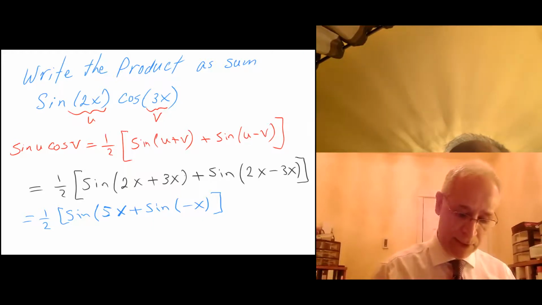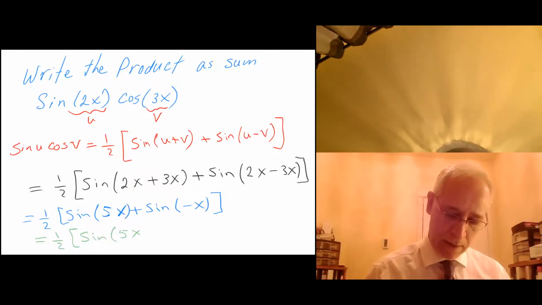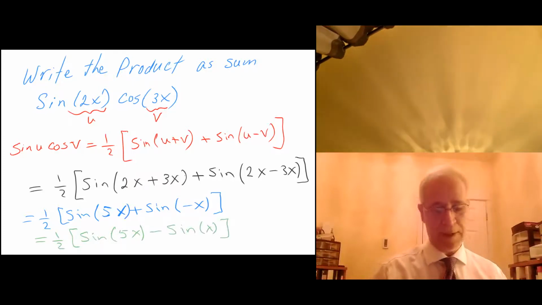So my final answer is going to be equal 1/2 sine of 5x, and I should have a parenthesis right here, minus sine of x. Okay. That's it for the first one.